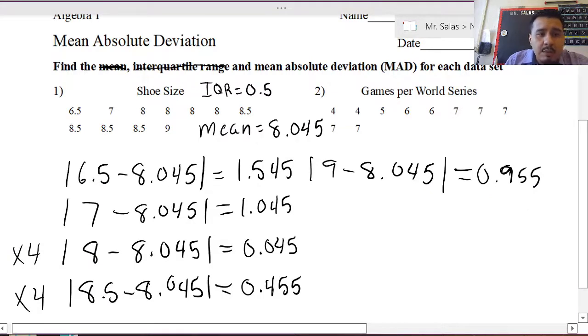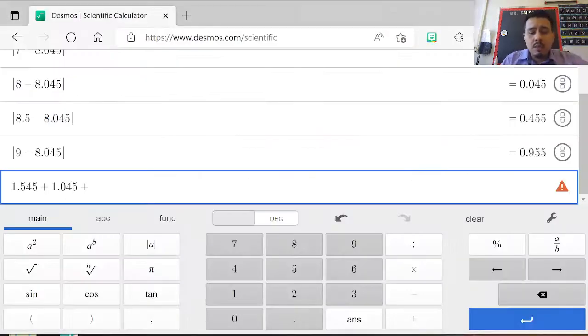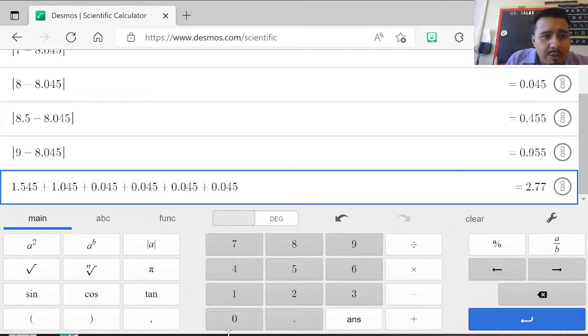This one repeats 4 times, so I have to write it out 4 times: 0.045 plus 0.045 plus 0.045 plus 0.045. Perfect, I have it 4 times. I'm good to go.